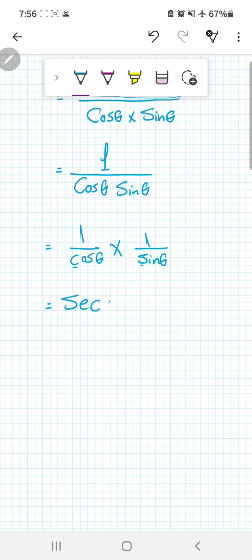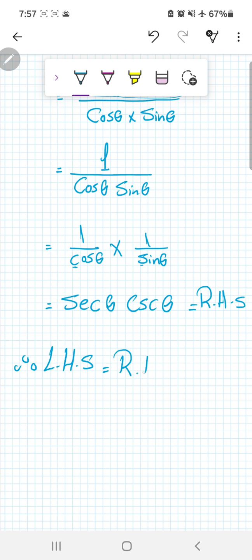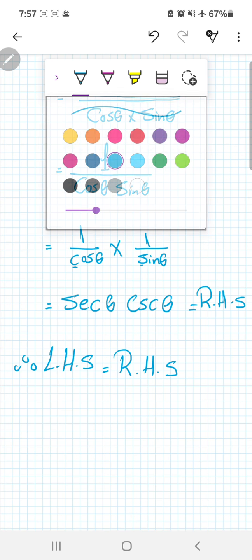So we have sec theta cosec theta, which is the right hand side. So the left hand side equals the right hand side. Okay, let's take the last one, number 3.